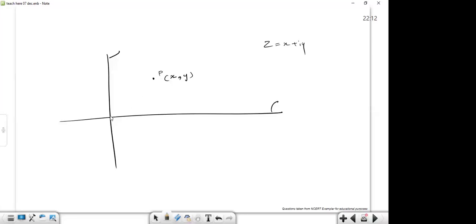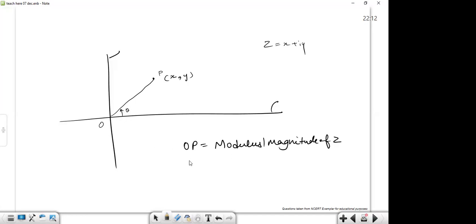The point is P. The distance OP is known as the length. What is the length OP? Modulus, right? Yes, sir. Modulus or magnitude of the complex number.